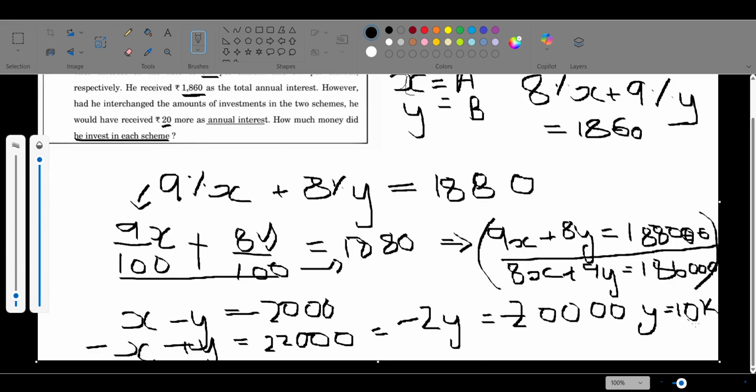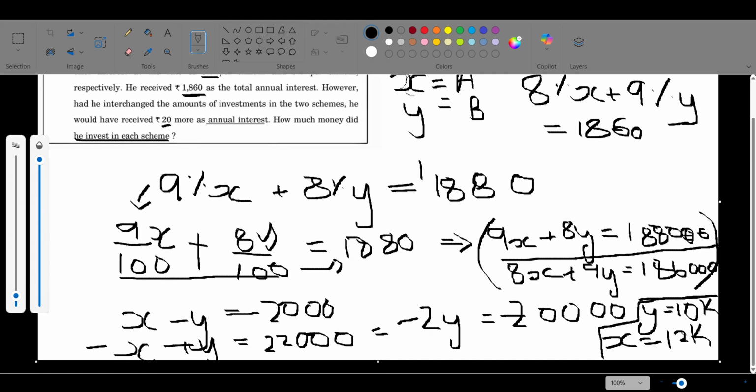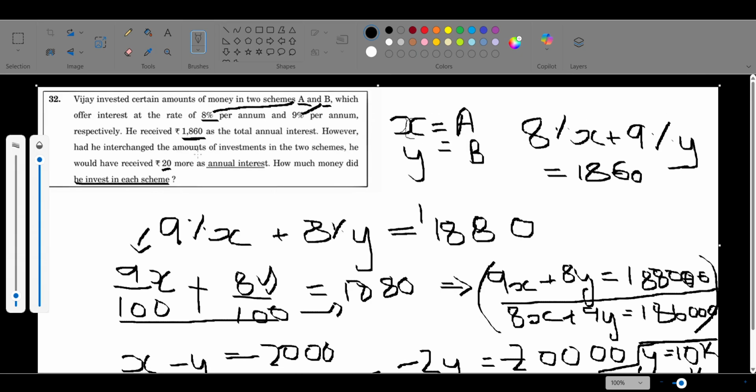Okay, now you substitute 10k into any one of these equations, so x minus 10k, and we get x equal to 12k. Therefore, the amount of money invested originally in scheme 1 is x, as mentioned, so 12k. He invested 12,000 rupees in scheme 1 and 10,000 rupees in scheme 2.